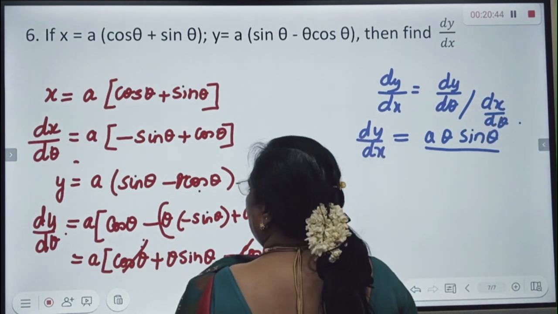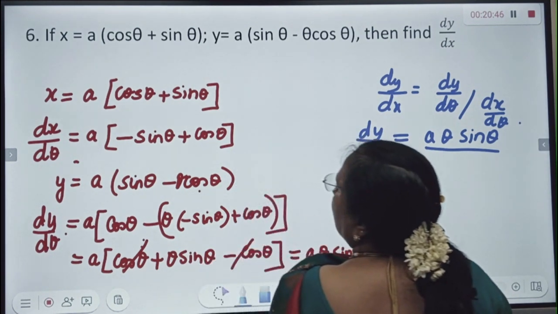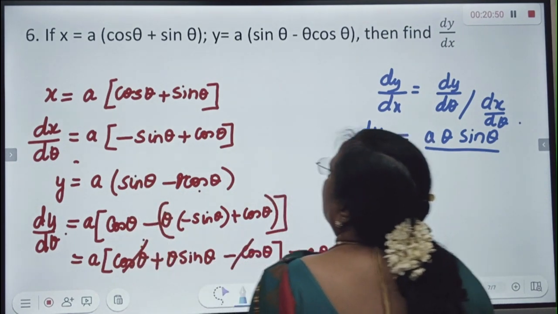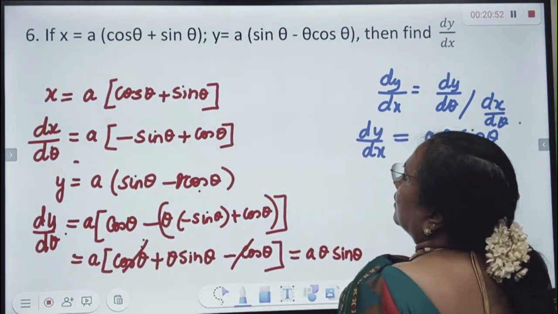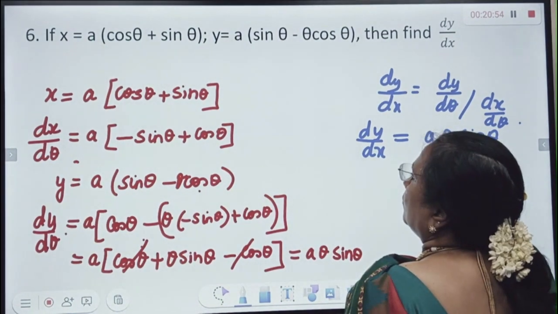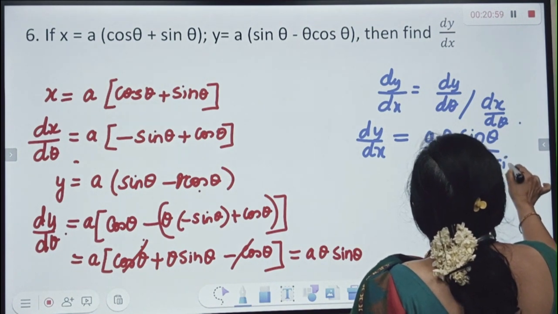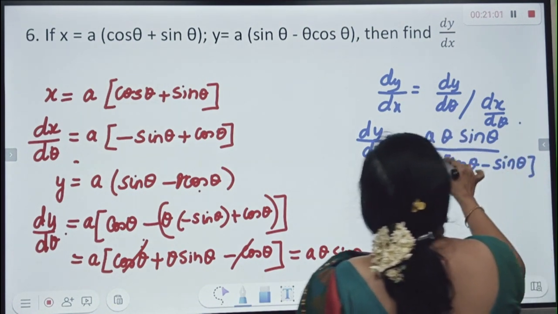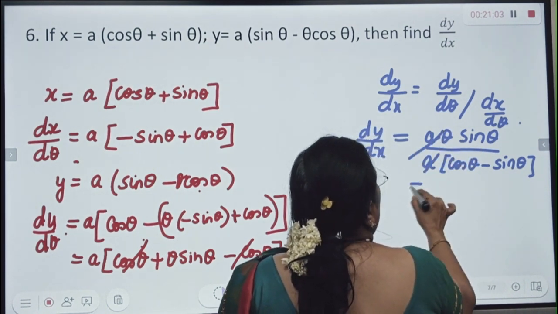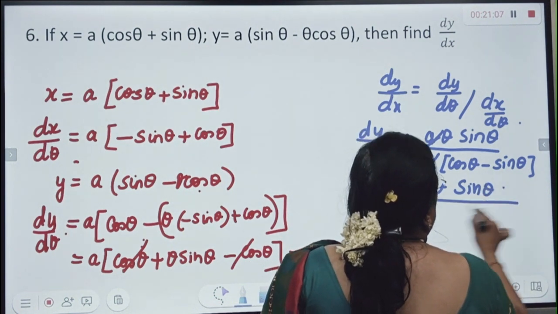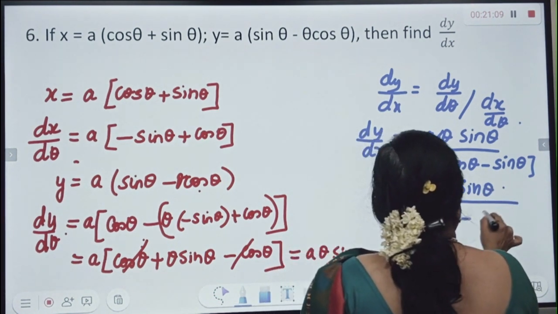So dy by d theta is a theta into sin theta, and dx by d theta will be a into cos theta minus sin theta. So this is theta sin theta divided by cos theta minus sin theta.